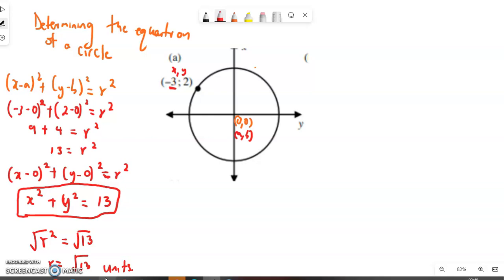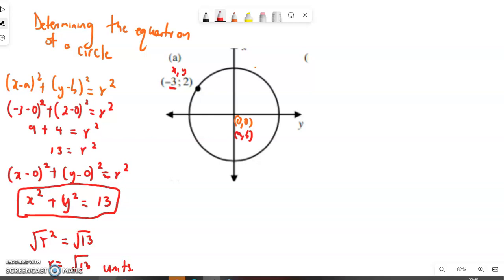You substitute and find the value of r squared. Then if the question requires you to find the radius, you just take r squared and find the value of r by taking the square root on both sides.